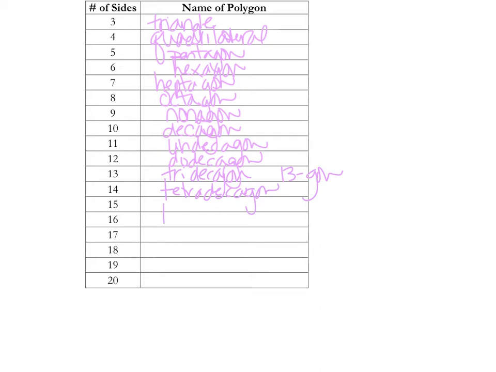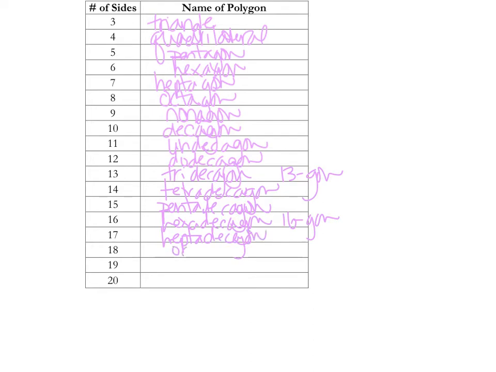15 is a pentadecagon. 16 is a hexadecagon. Or again, we could just say 16-gon and be done with the problem. 17 is a heptadecagon. 18 is an octadecagon.